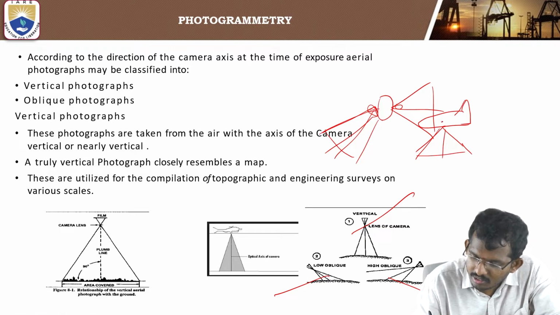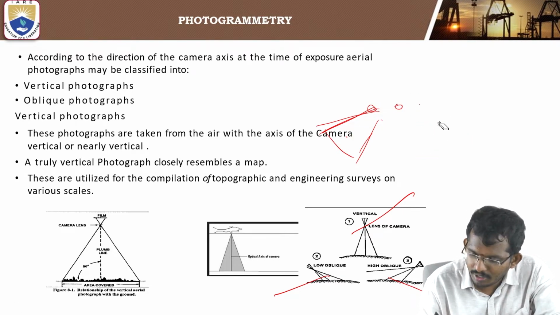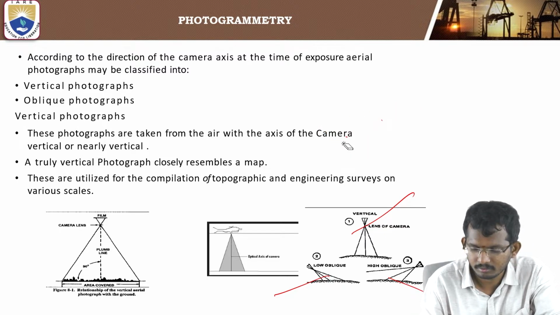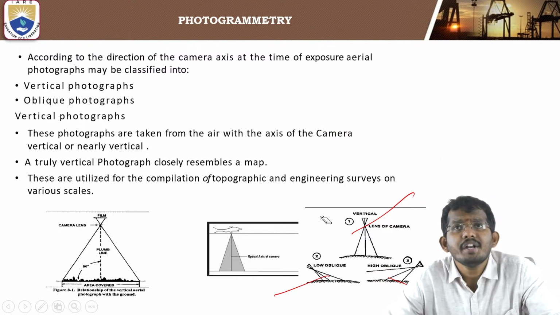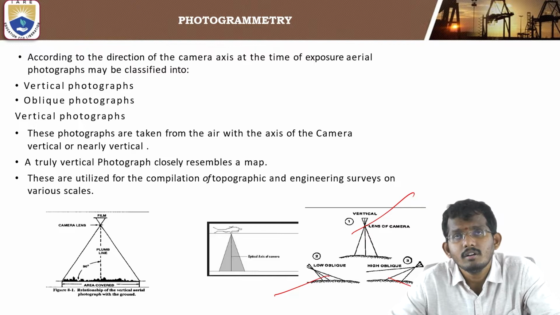If the camera is on the sides, this side view or this side view, it is low oblique or high oblique; the other is a vertical photograph. These types of photographs are possible only in aerial photogrammetry. According to the direction of the camera axis at the time of exposure, aerial photographs may be classified into vertical or oblique.